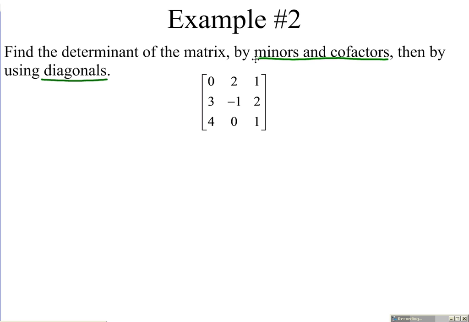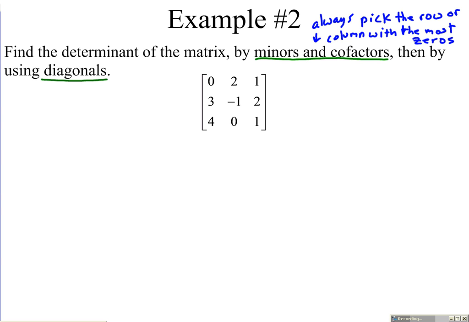We're going to start here with minors and cofactors. The one thing that you need to remember is that if you're evaluating by minors and cofactors, always pick the row or column with the most zeros.